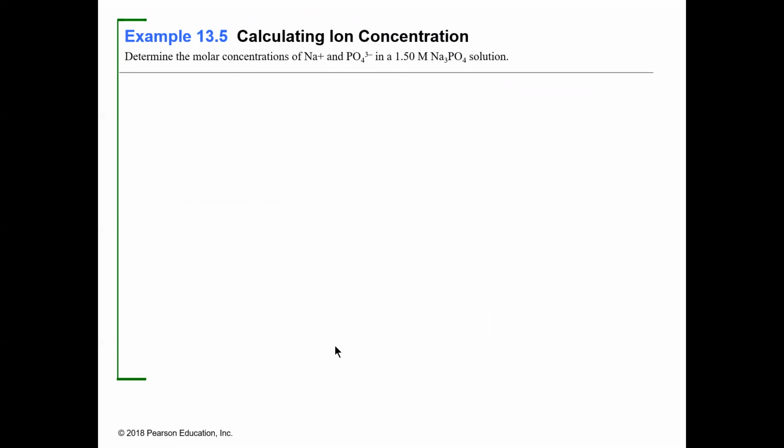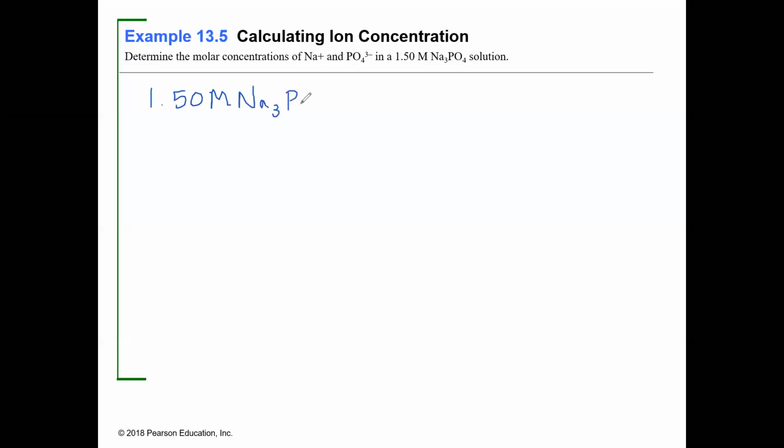So I know that I have 1.50 molar Na3PO4. If I want to figure out the concentration of the Na+, I need to figure out how many Na's I get for every one of these formula units.